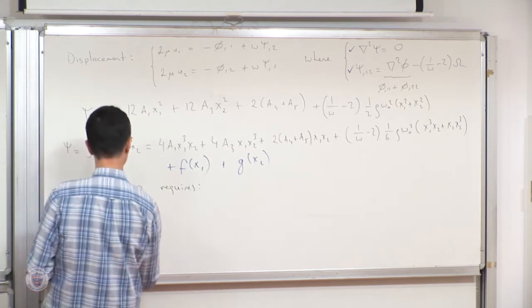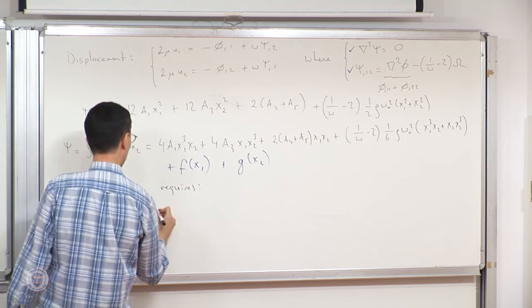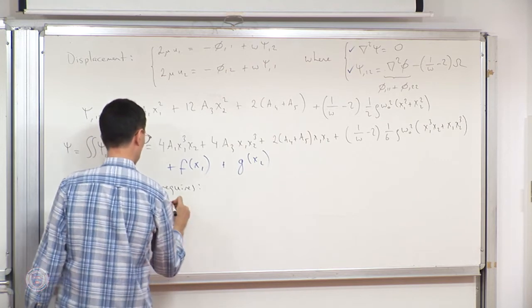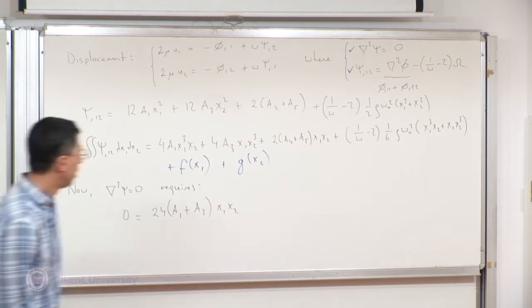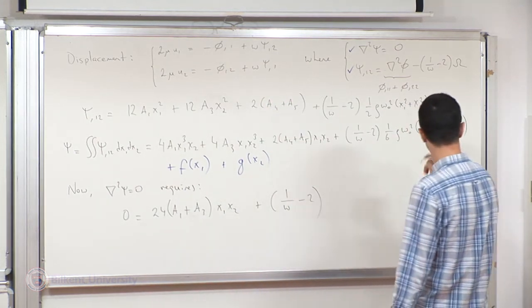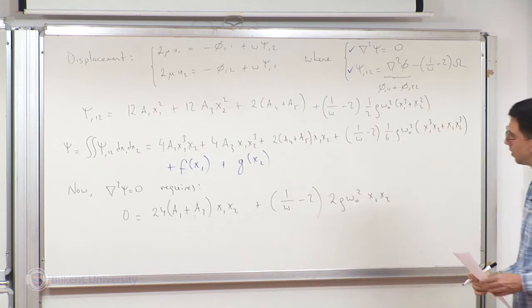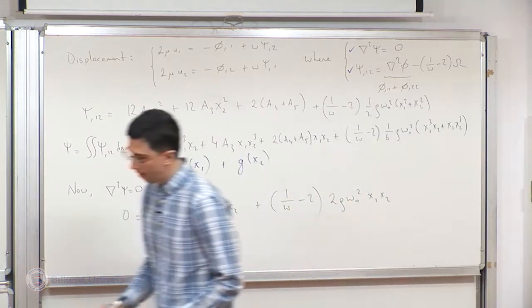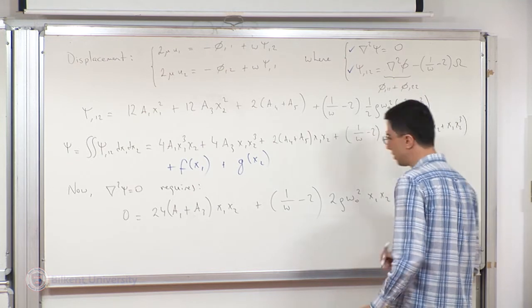So we have 0 equals psi comma 1, 1 plus psi comma 2, 2. So this one has a comma 1, 1. So 24 a1 plus a3 x1 x2, and then these terms, and f double prime plus g double prime.